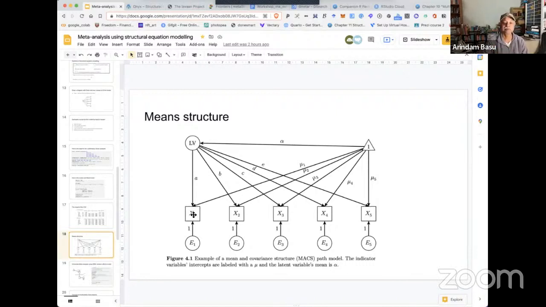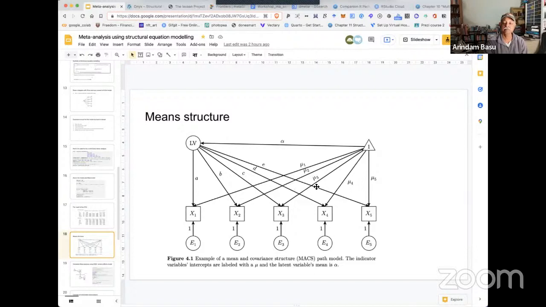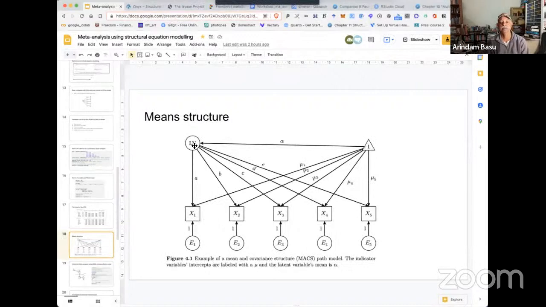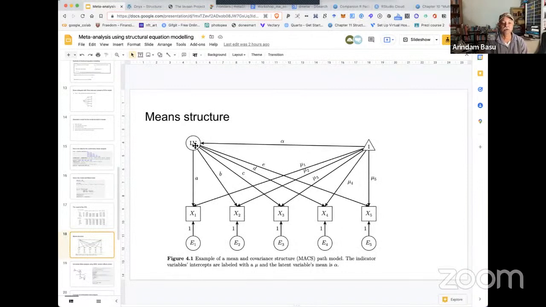Sorry about it. So this is my intercept term, and these are the means that I'm explaining here. Okay. So when it goes to an endogenous variable, it becomes its mean. When it goes to an exogenous variable, it becomes its intercept term. So alpha is the intercept term that we are going to use for the LV, and all of these things are the means that are unobserved, but they are estimated means of these various variables.